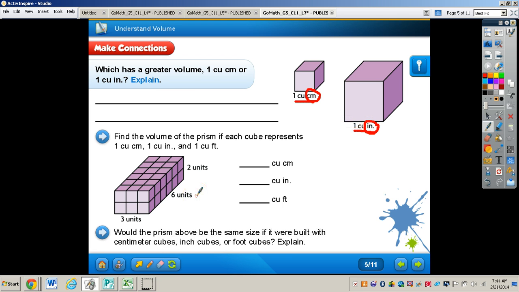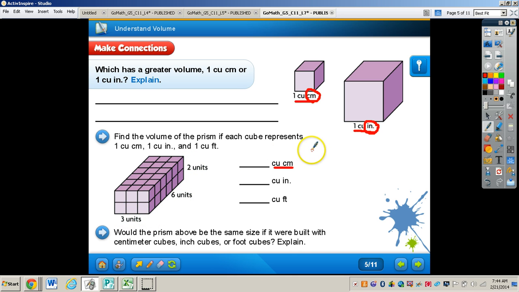Okay, so we're taking a look at this next question. It says find the volume of the prism if each cube represents 1 cubic centimeter, 1 cubic inch, and 1 cubic foot. If it were to represent 1 cubic centimeter, we see that there are 3 units here, 6 units, and 2 units. So what you can do is multiply the length times the width times the height in order to get volume.